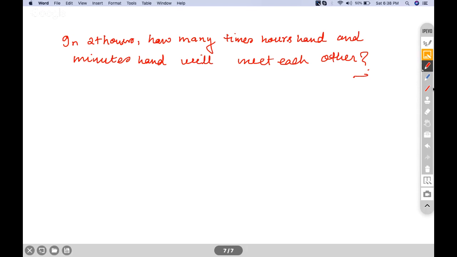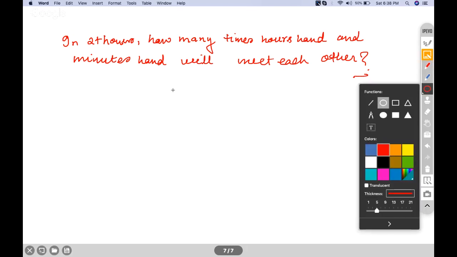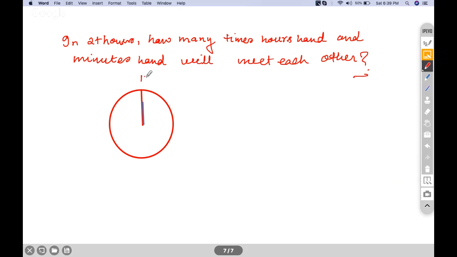So suppose, let me make a clock for you first. A clock looks like this, and at 12 o'clock it is somewhere like this. Yes or no? So this is the scenario of 12 o'clock.